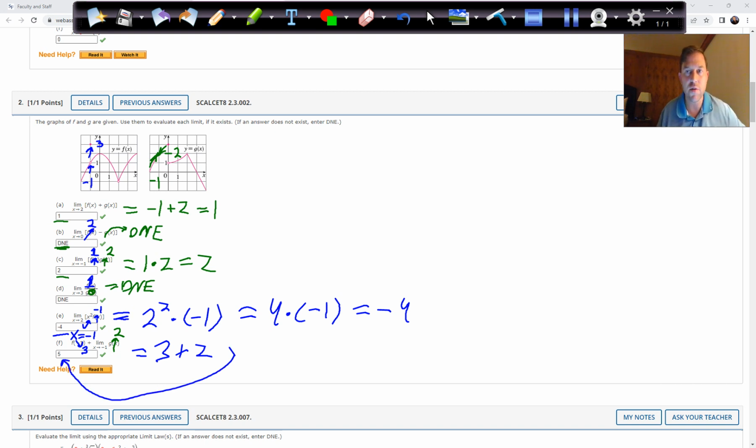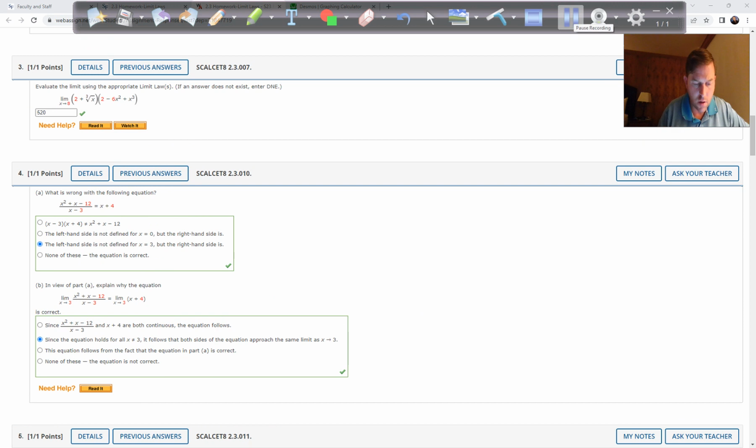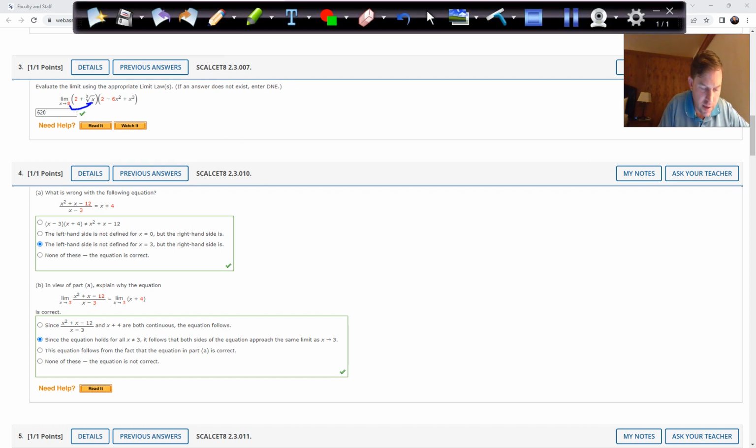Okay, and that'd be problem 2. Okay, for problem 3, they give us a limit, and it says the limit as x approaches 8 of 2 different bubbles. Well, all you have to do is plug in 8 for all these x's. So the limit will go away. So you're going to get 2 plus the cube root of 8 times 2 minus 6 times 8 squared plus 8 cubed.